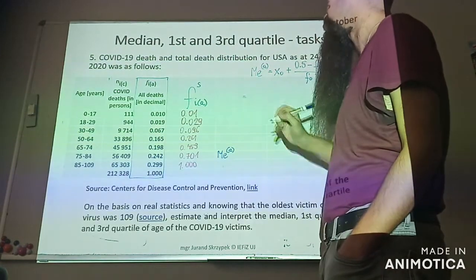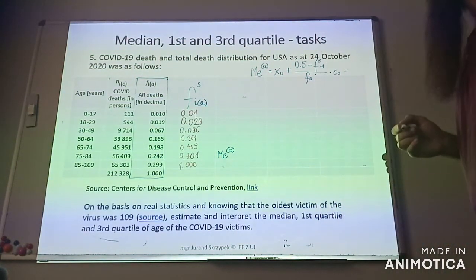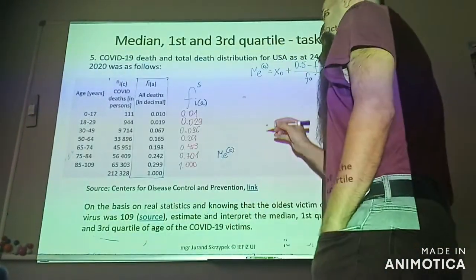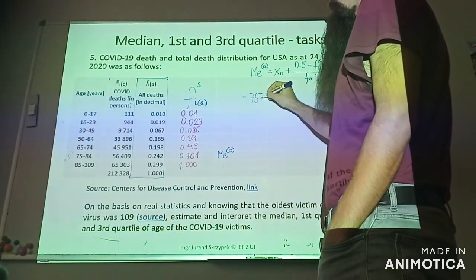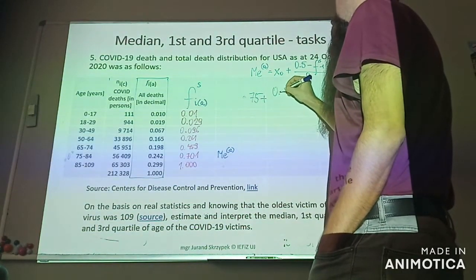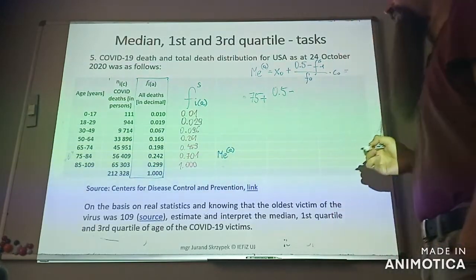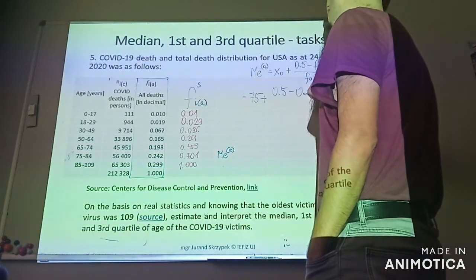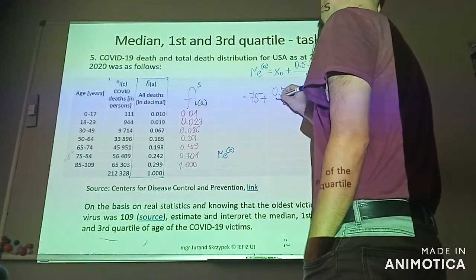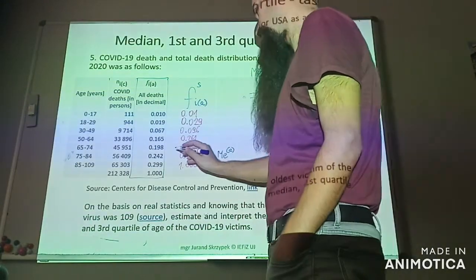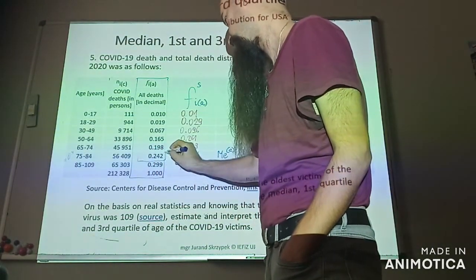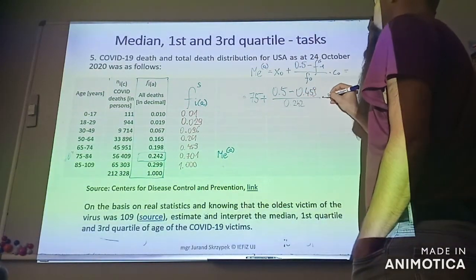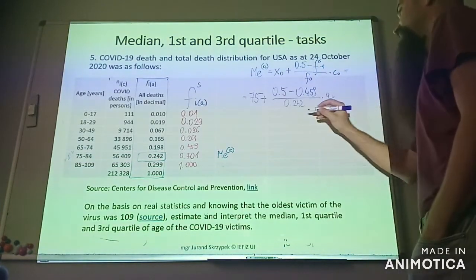We can compute now our median. Our median is equal to, this is the zero level, so x0 is 75 plus a half minus the cumulative relative frequency from the previous class, 0.459, divided by f0. f0 is placed here, it's 0.242 multiplied by the range of the class.